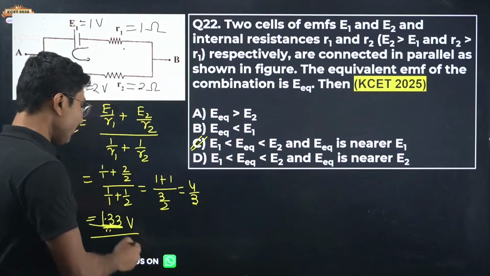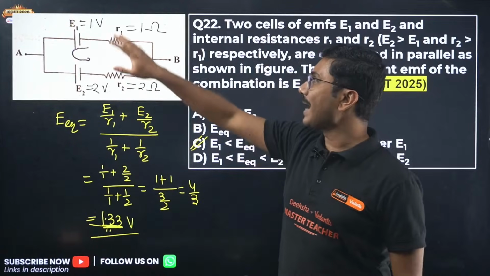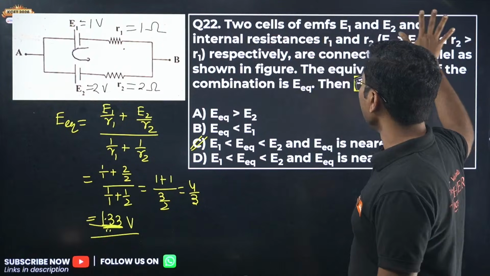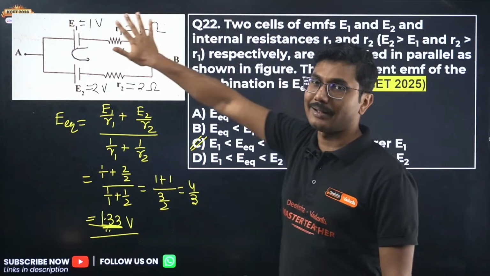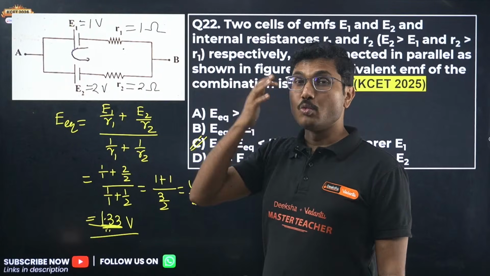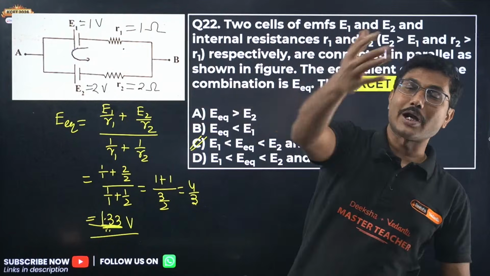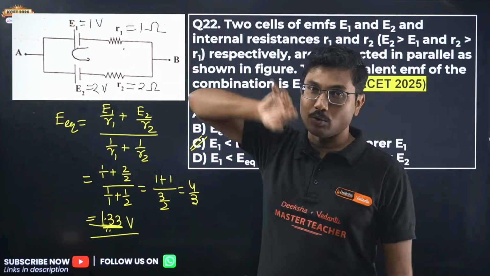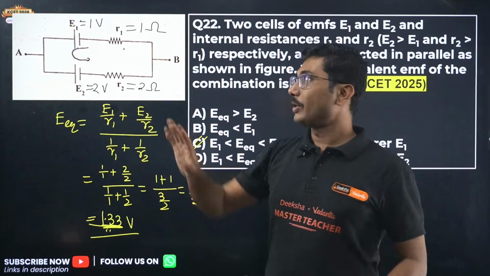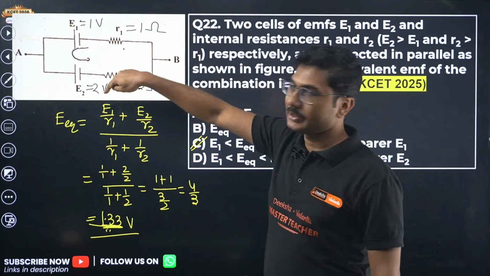This is very interesting, and even though no values are given in this question, you can take any arbitrarily chosen values according to the given condition. We have taken the simplest possible values so that we don't have to do too much mathematics. Now you might say, sir, what if I take 10 volt and 1 ohm or 20 volt and 2 ohm? You can take any value if you want, as long as this number is smaller than this number is smaller than this number.